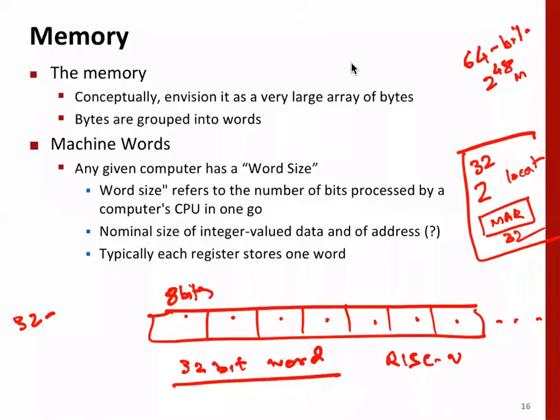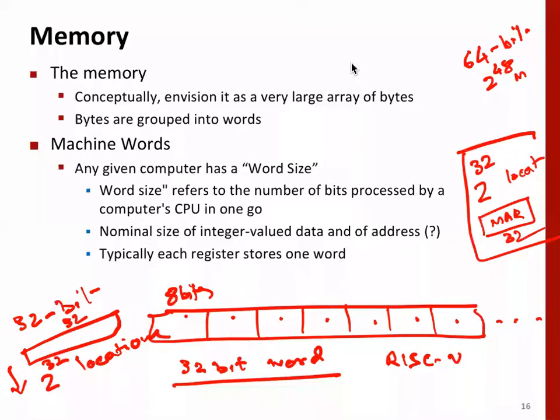It has a 32-bit word. It means each register is of size 32, and it can also access 2 raised to the power 32 locations in memory. But the second thing is not necessarily true for all processors.